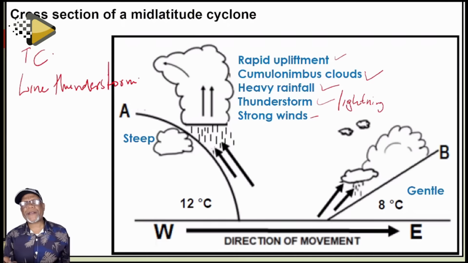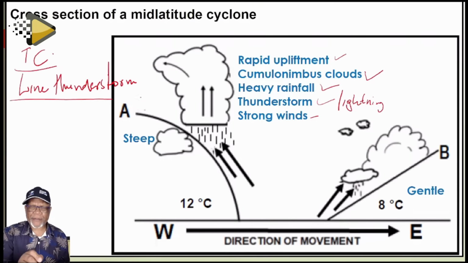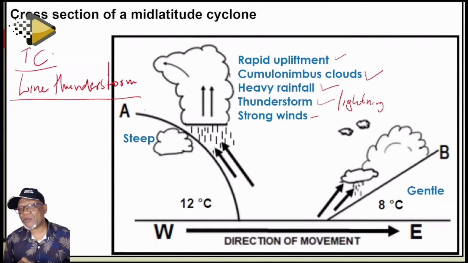So there are three weather phenomena that are associated with cumulonimbus clouds. When you're talking about the impact on the natural environment, the impact will be the same.